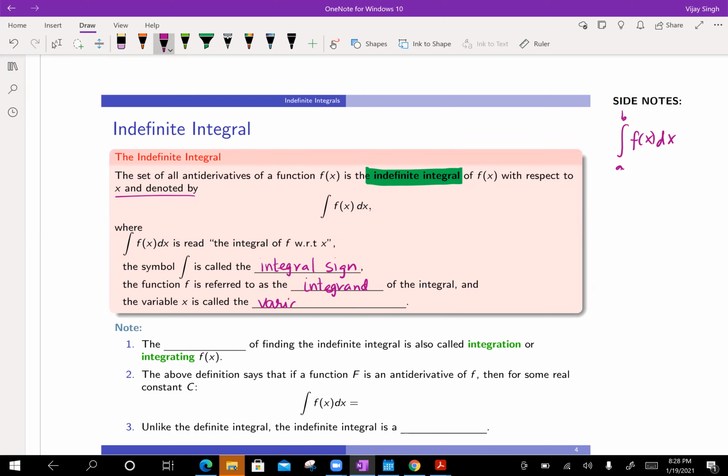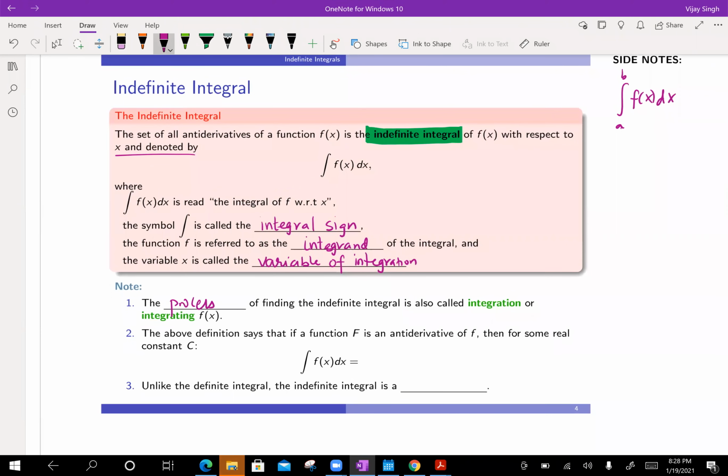So you're integrating with respect to x. The process of computing this integral is called integration, or integrating f of x.